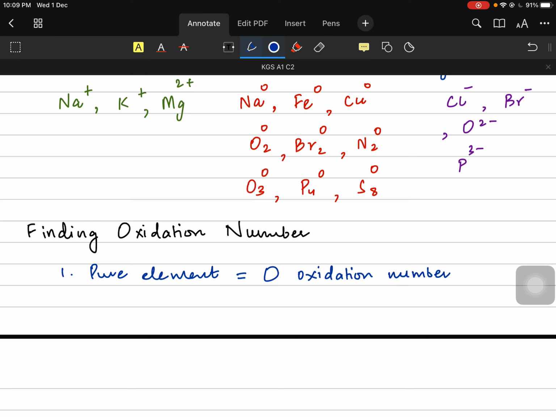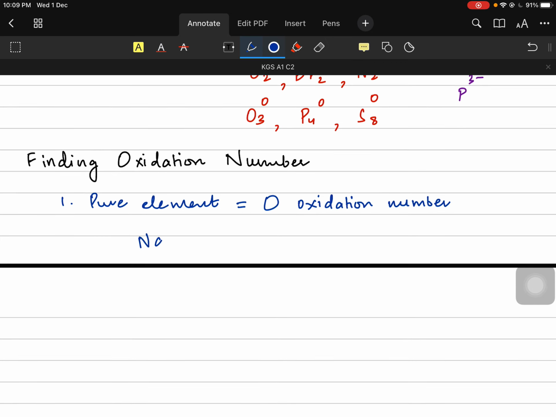For example, if it's pure sodium, it's a 0. If it's pure copper, it's a 0. If I've written Cl2, it's a 0. If I've written pure nitrogen, it's a 0. As long as it's a single kind of element, a single kind of formula, single kind of symbol, it's a 0. Pure carbon is 0.